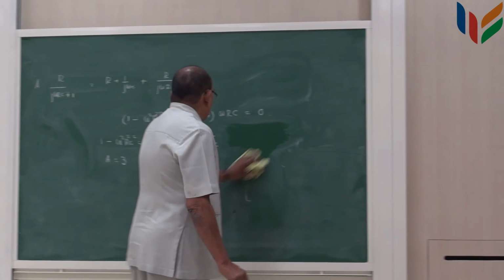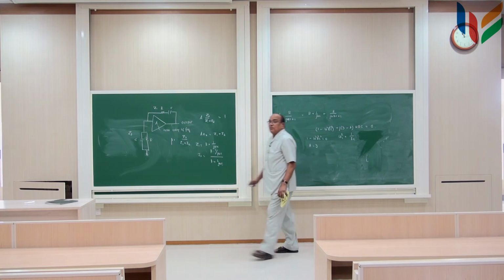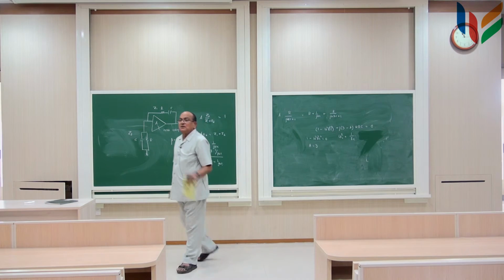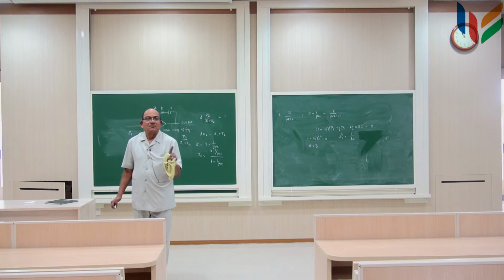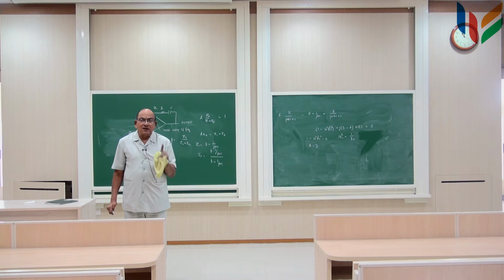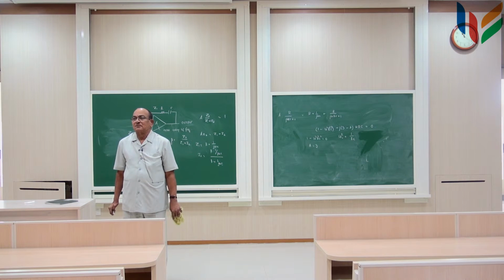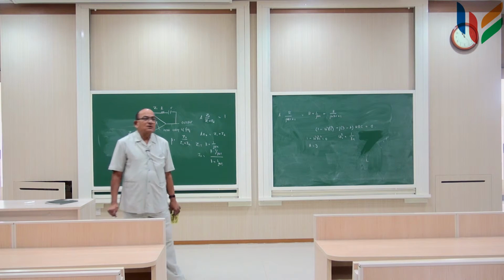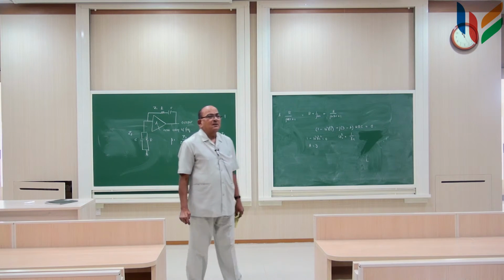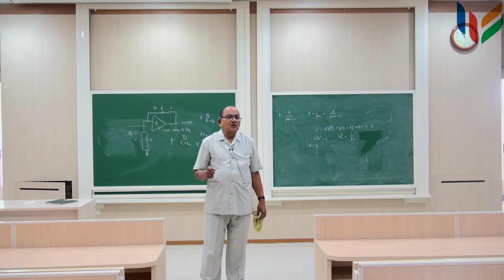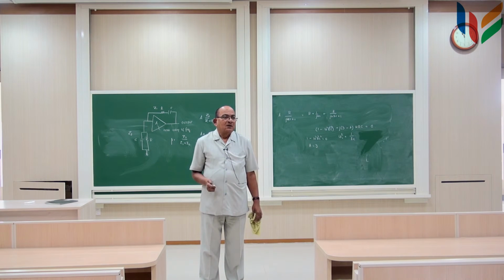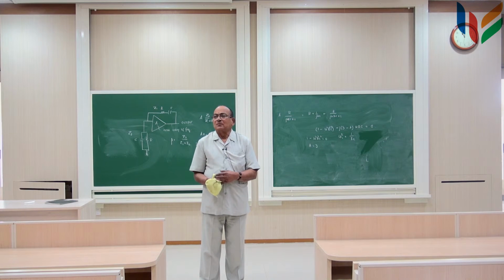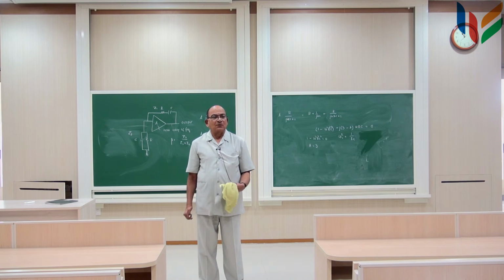All right, provided A is equal to 3. If A is less than 3, it is not going to oscillate. If A is more than 3, it will oscillate. But if A goes on increasing much more than 3, the oscillations will tend to become not a purely sine wave but a more complicated waveform, although periodic.